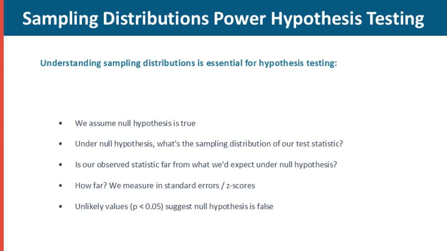If the p-value is less than the threshold, typically 0.05, the result is too unlikely under the null, and we reject the null hypothesis. Hypothesis testing is essentially asking, is our sample mean so far from what the null predicts that we should doubt the null hypothesis? Sampling distribution tells us exactly how to quantify the far using standard errors.